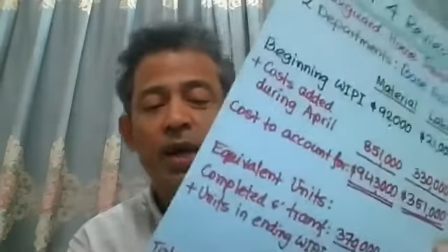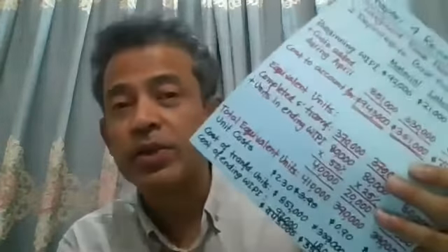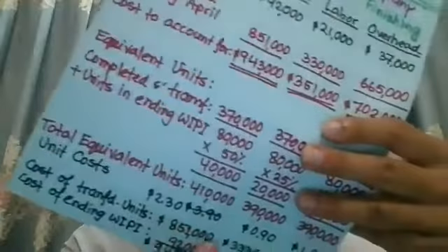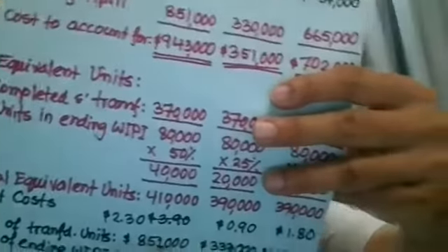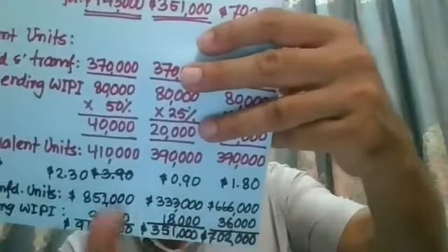So 370,000 times $2.30 is your total material cost. And the same 370,000 times 90 cents is your total labor cost. And then the same 370,000 times $1.80 is your overhead cost. So these are the costs of the units that have been sent to the next department.